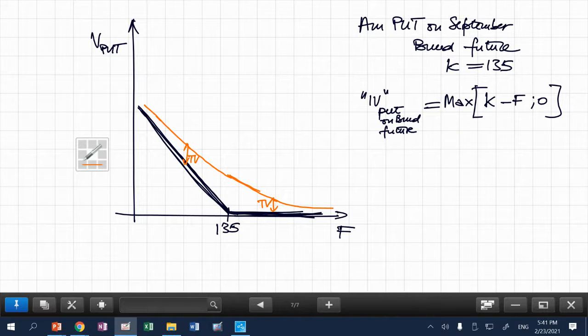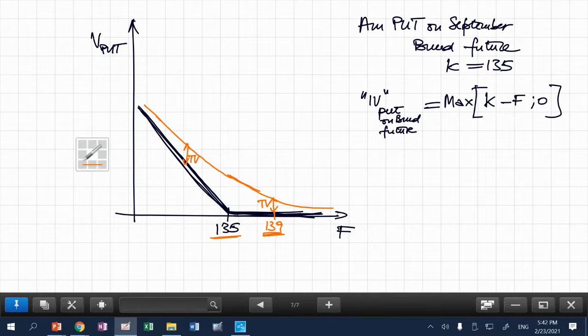And the only part is to understand why I have time value here. So for instance, I have time value when the future trades at 139 with an option with strike 135. Time value here is motivated by the chance of future exercise or the chance of abandoning the contract with the future at 139.